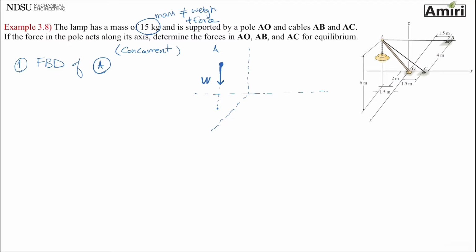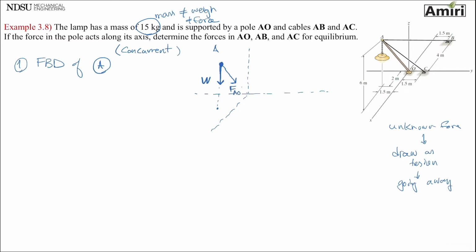And I see 3 reactive forces. They're all unknown. And again, as a reminder, unknown forces, draw them as tension, meaning going away from the point. So I have basically 3 forces that go away. One of them points towards the origin, so that's my force AO.